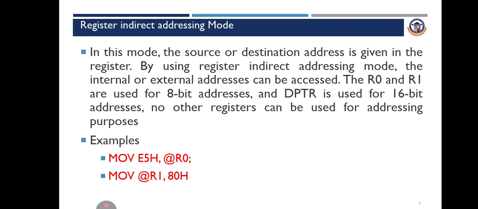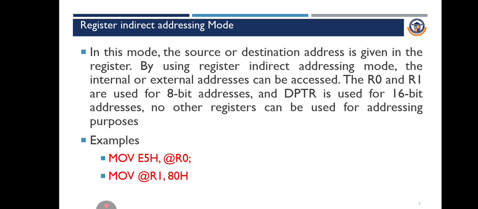In the register indirect addressing mode, we have two examples I mentioned in the PPT. The first is MOV E5H, @R0. Whenever we see the indirect addressing mode, we can see the @ symbol, which indicates indirect addressing.